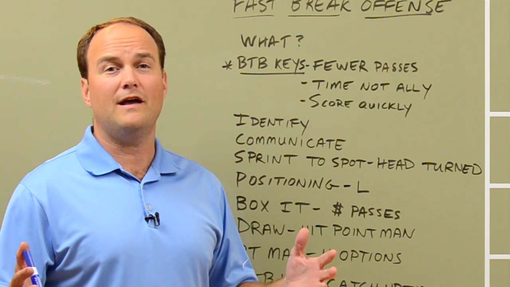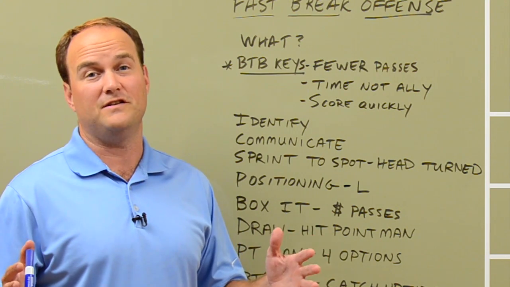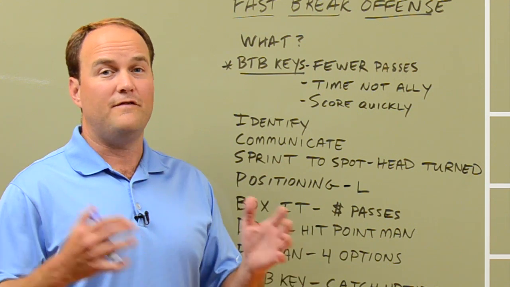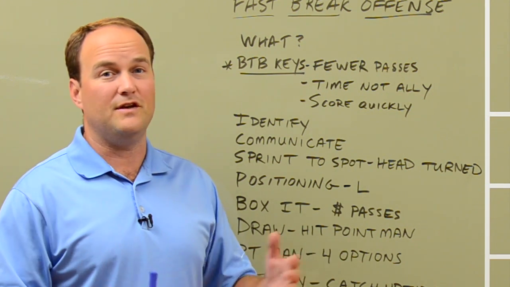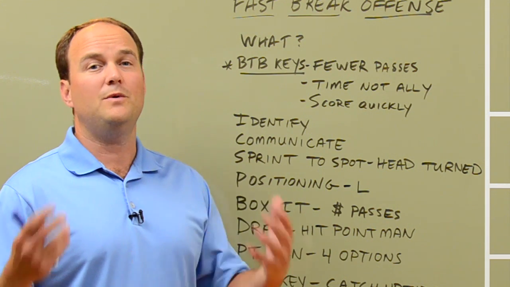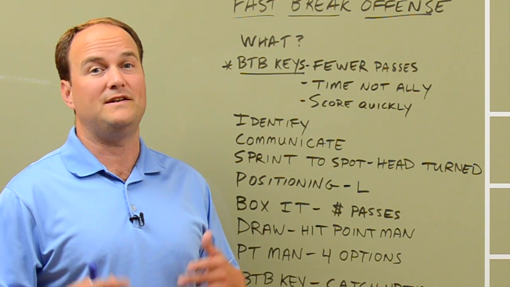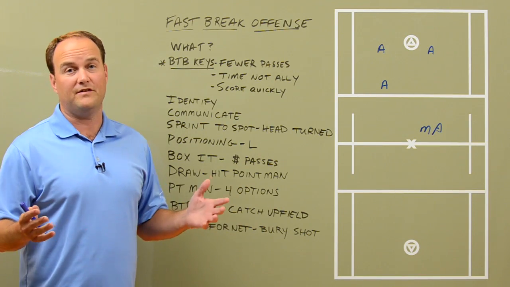Okay, when you're starting out a fast break situation, the key thing to do first is to identify that it is a fast break. There's a lot of transition in lacrosse, back and forth, fast breaks, slow breaks, 6-on-6, ground balls in the midfield area. So when you do have a fast break situation, it's really important as attackmen and as midfielders, you identify it as a fast break. Once you've identified it, you need to communicate this to your teammates.